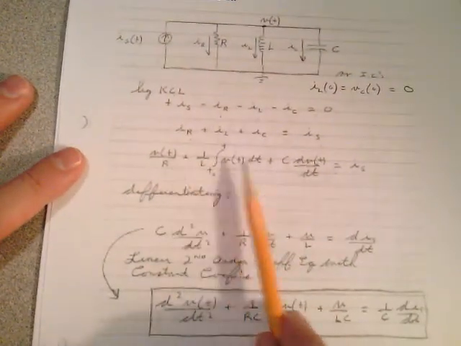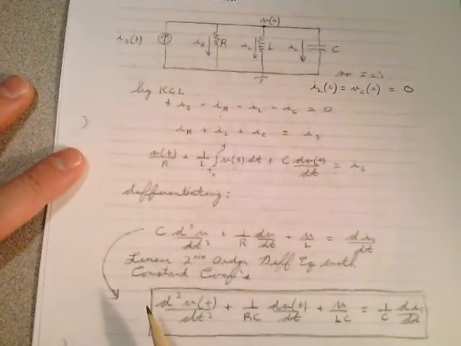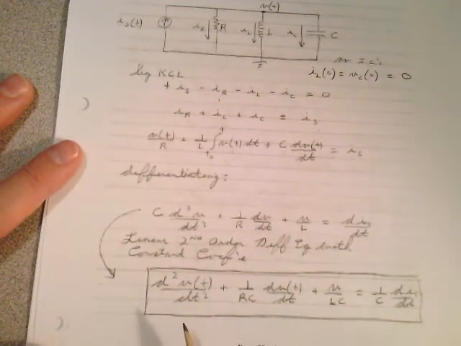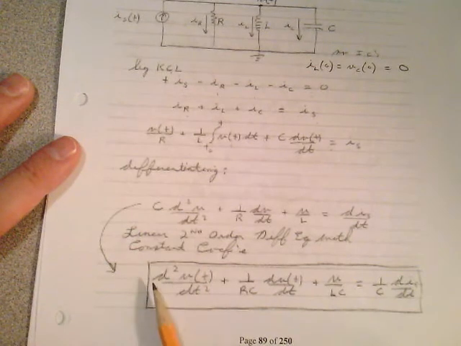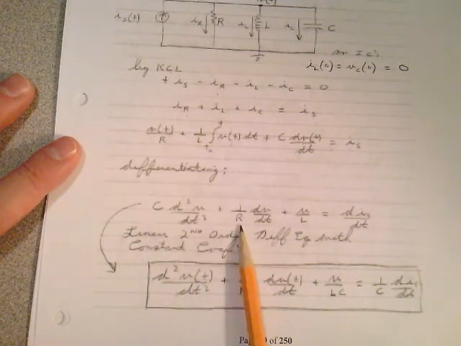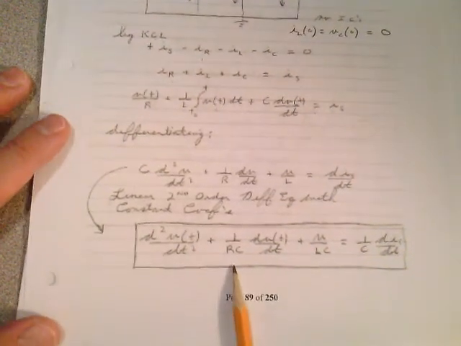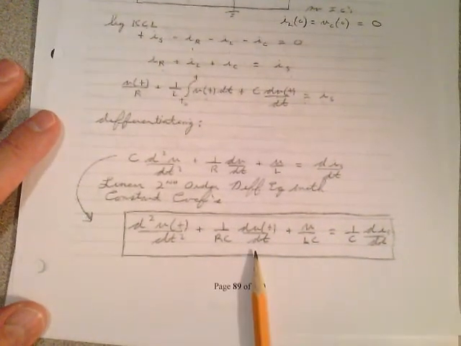Differentiating this and getting it in a standard form where the lead coefficient on the second derivative is 1, we'll divide through by C. We get a linear second order differential equation with constant coefficients, and this is what it looks like.